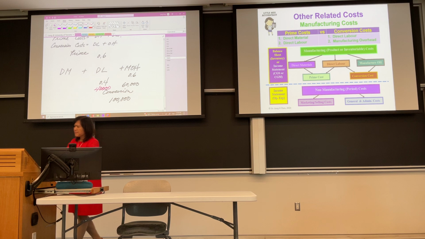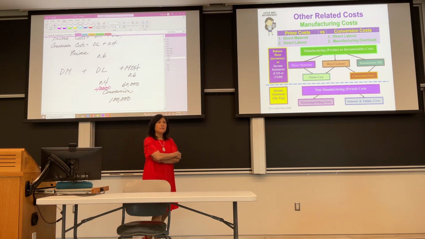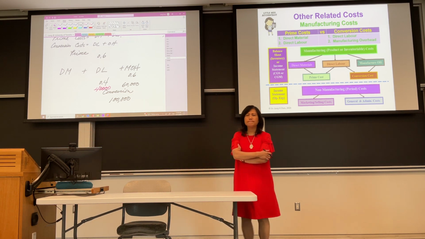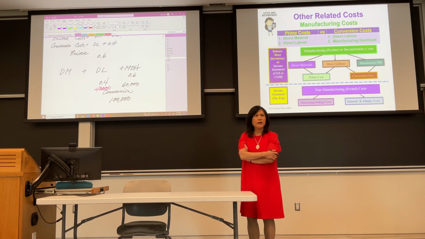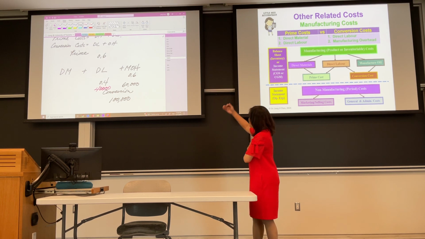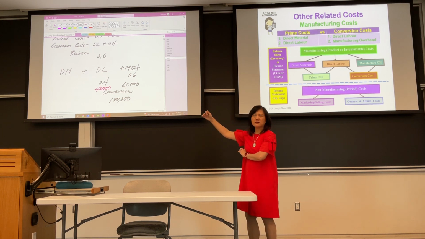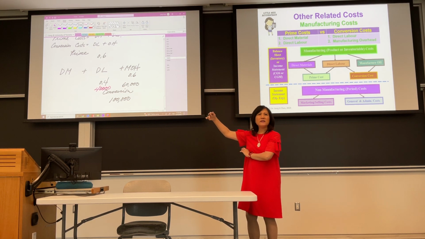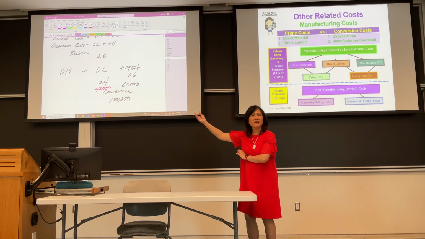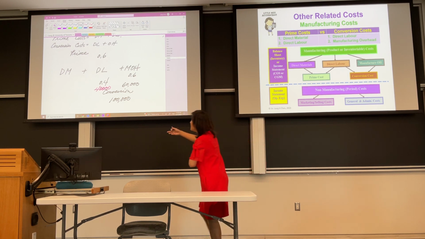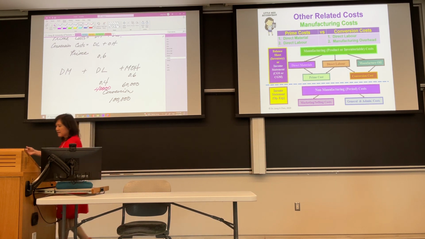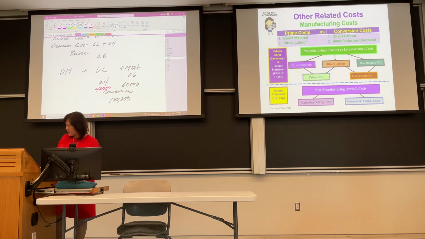Okay, but how about prime cost? 60% of prime cost is 40,000. So what is 100%? Prime cost, how do you calculate? 40,000 equals 60%.